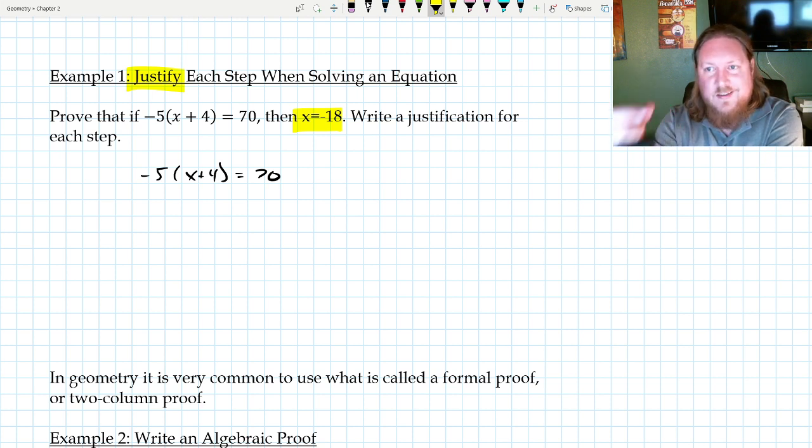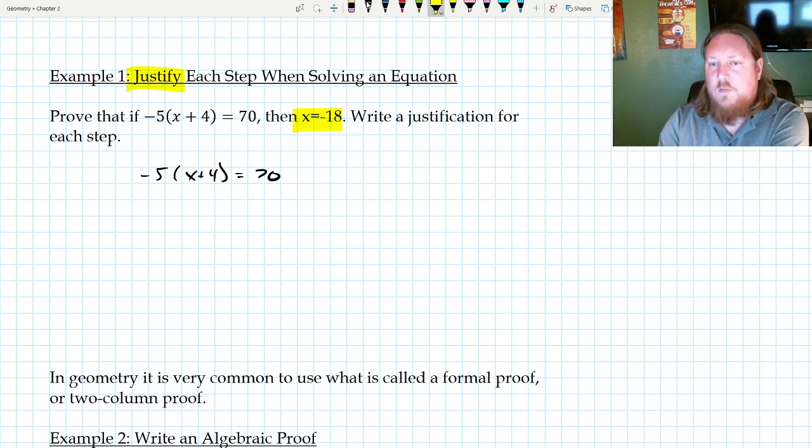So obviously you can see that this problem is not about discovering the value of x. We already know what it is. It's negative 18. We're going to use our steps to justify all of them, and the justifying is the part that I want you to pay attention to.